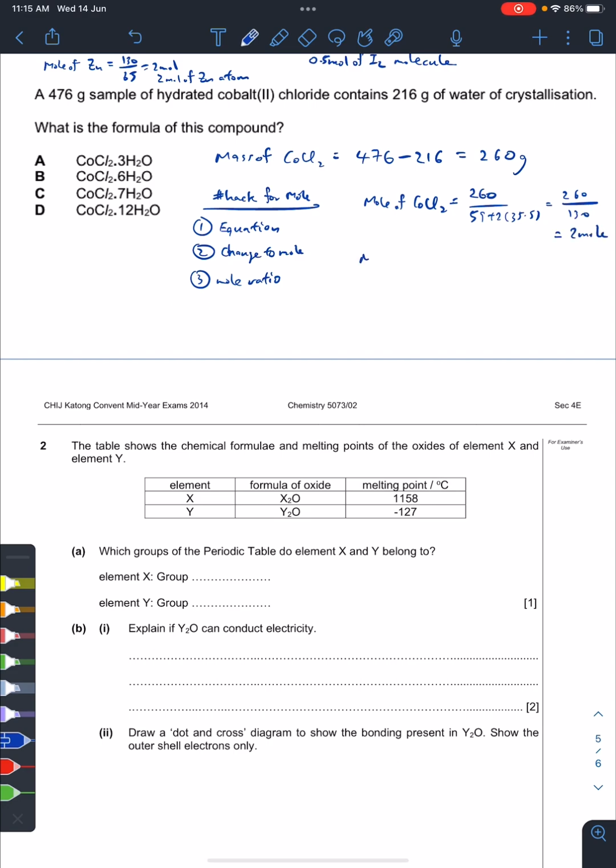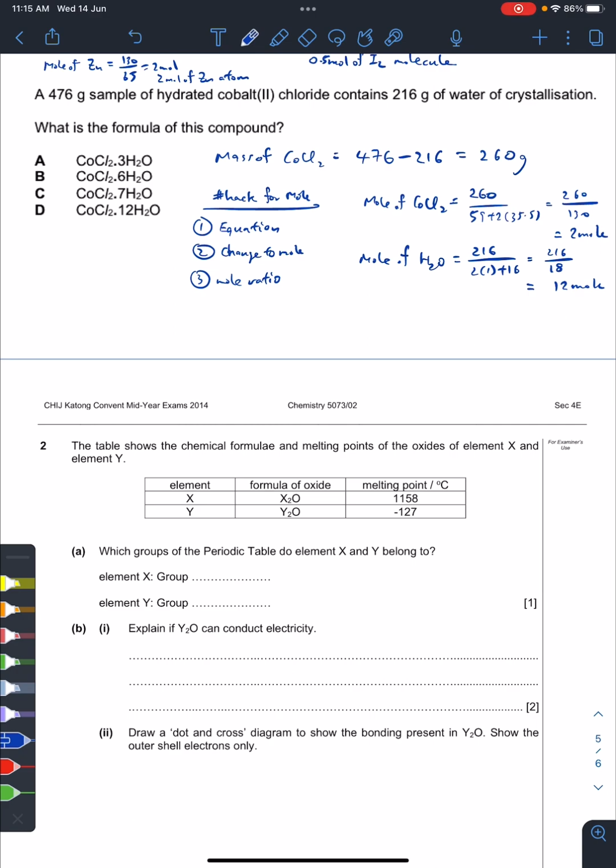Cool. Hey, there's another number, water. So mole of water is 216 divided by 2 bracket 1 plus 16. 216 divided by 18, which is 12.